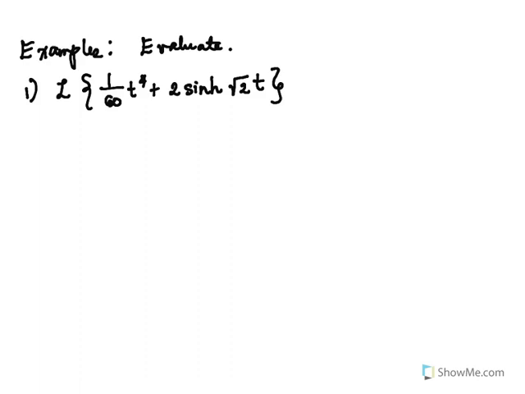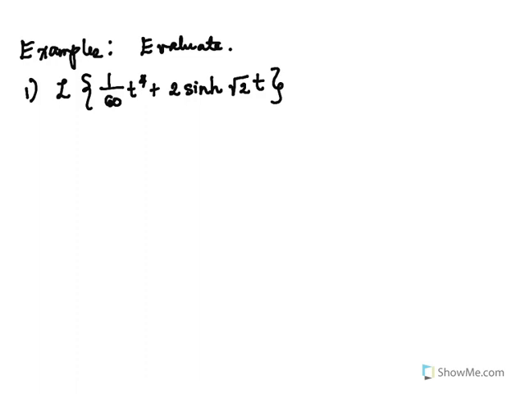Okay, so let's have the following. Use the formulas in evaluating the following Laplace transforms. Laplace transform of 1 over 60 t to the fourth plus 2 sinh square root of 2t. So from our formula, you know that the Laplace transform of t to the n is n factorial over s raised to n plus 1, and the Laplace transform of sinh kt is also given.